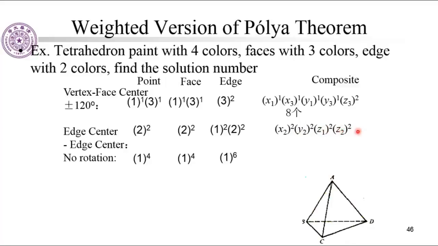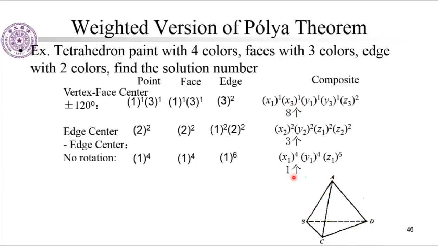The edge center to edge center rotation contains a total of 3 elements, whereas the identity has 4 one-order cycles for vertices and faces, and 6 one-order cycles for edges, and there is only 1 such element. Then we integrate everything together.